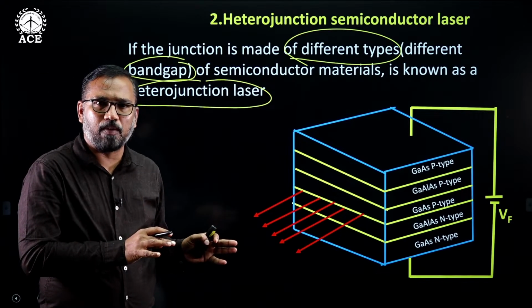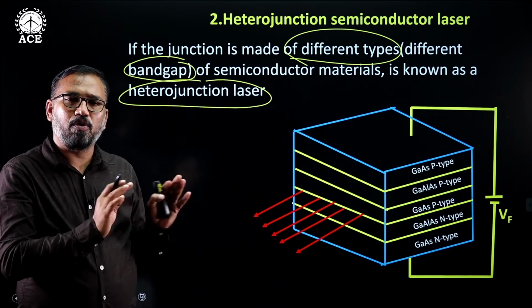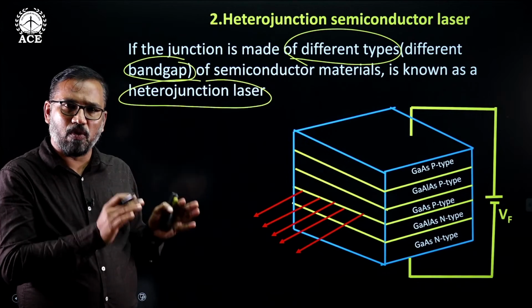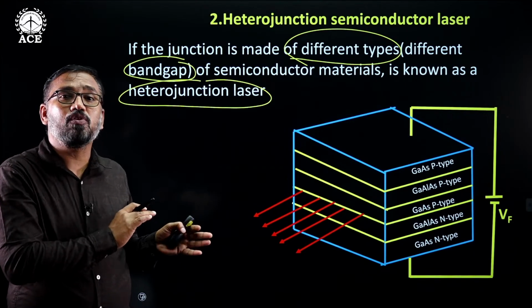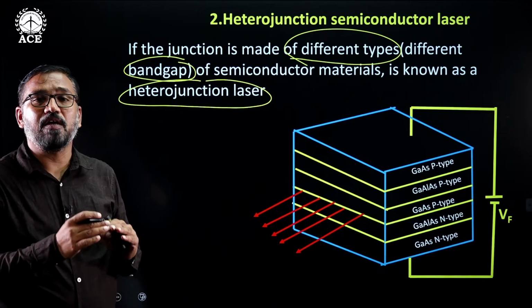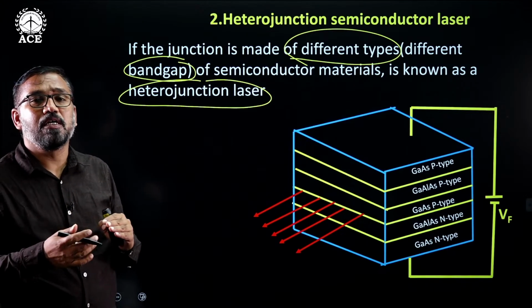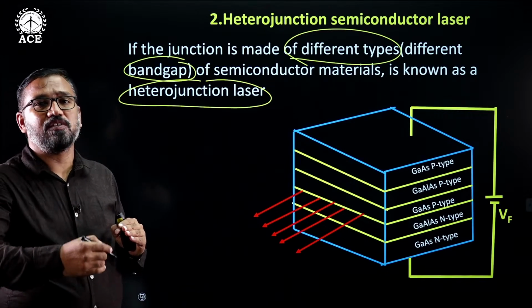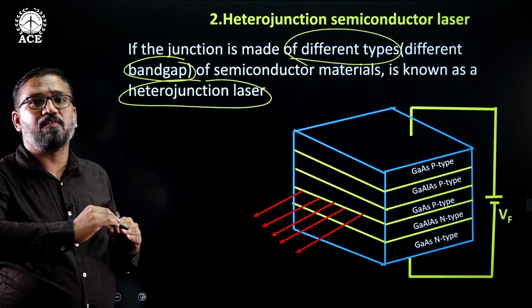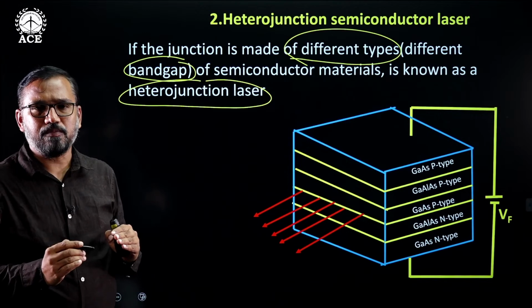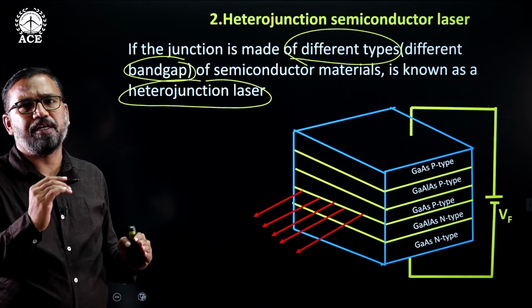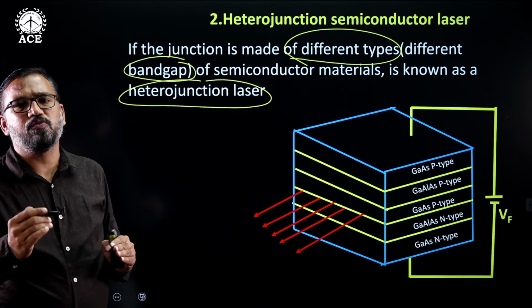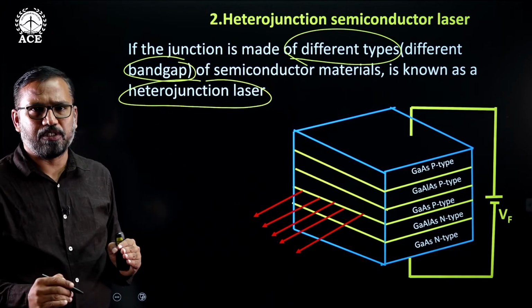Homojunction output is in pulsed form, with more divergence, and because of more divergence, less coherence and less stability. They also require a higher threshold current density. The threshold current density is the minimum current density at which spontaneous emission is converted into stimulated emission. Stimulated emission means you get more photon emission and higher photon intensity.